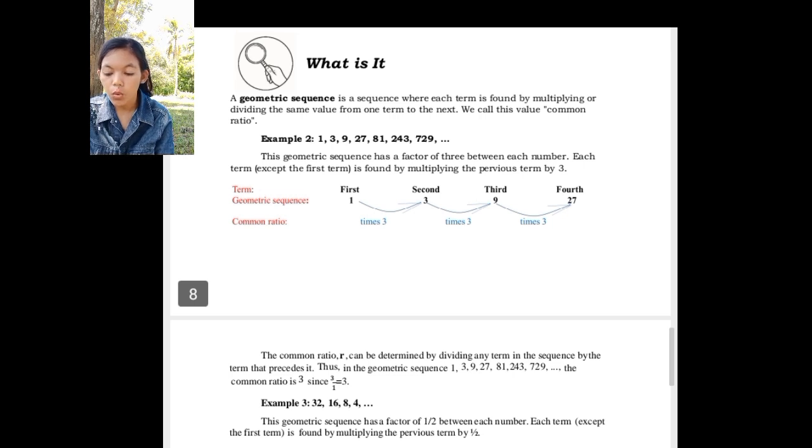We call this value the common ratio. Sa arithmetic, common difference. Example 1, ang sequence niya, 3, 9, 27. What do you think the common ratio? Kung mag-common ratio, mao na siya ang atong i-multiply.